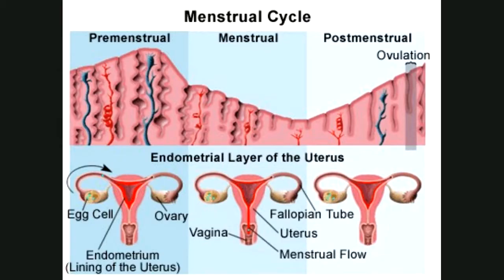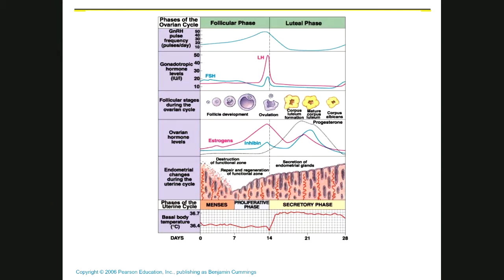So if we put them all on one graph, this is a very nice summary slide. Look what it is. Here's GnRH. Here's FSH and LH. So GnRH from the hypothalamus, as it goes up, FSH release goes up, and LH goes up. And look, here's where it peaks, and there's where that peaks.